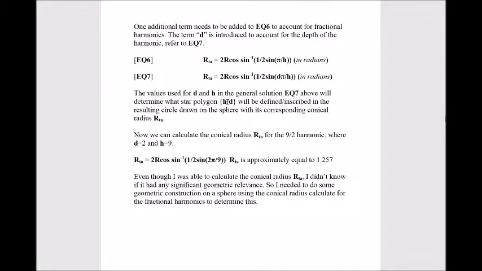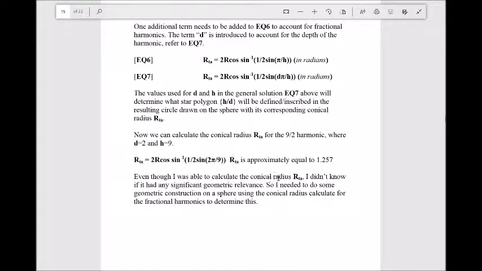As a result, the values used for d and h in the general solution end up determining what sort of star polygon gets inscribed in the resulting circle. For example, we can take the above 9/2 harmonic, where d is equal to 2 and h is equal to 9, and use the general solution to come up with an approximation for this harmonic.